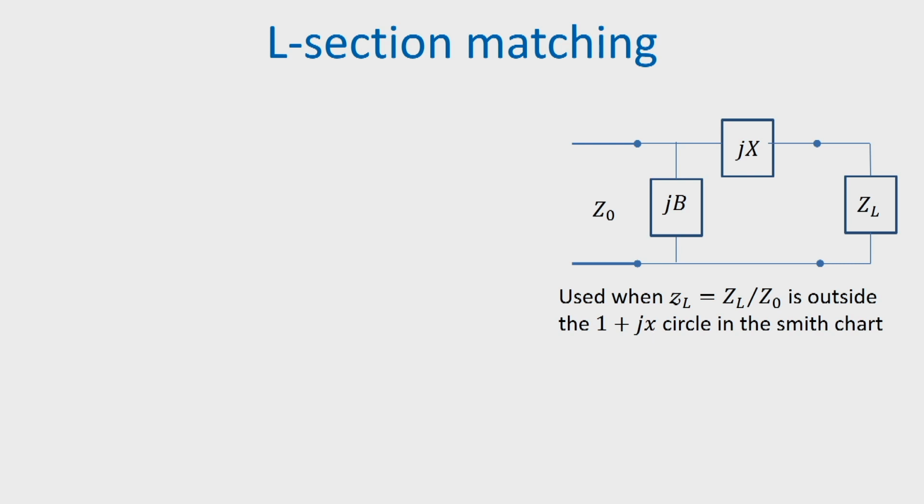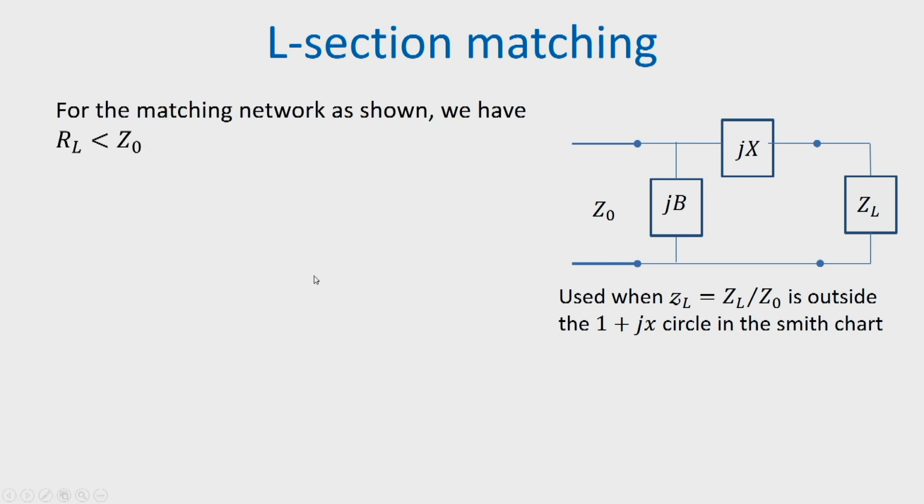What does it mean? That when the real part of Z L is less than Z naught. So, this matching network shown here we will use when R L is less than Z naught.